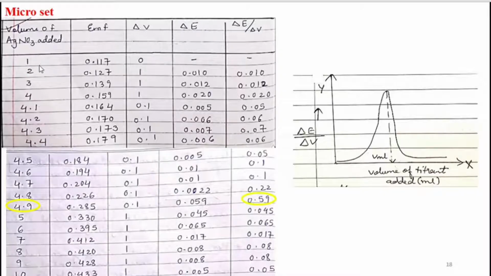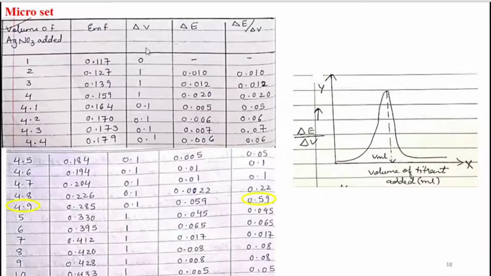Okay, so initially you have to add 1 ml, and then from 4 to 5 you have to add 0.1 ml of AgNO3, and you need to determine the EMF values. And after 5 ml you need to add 1 ml and determine the EMF values.